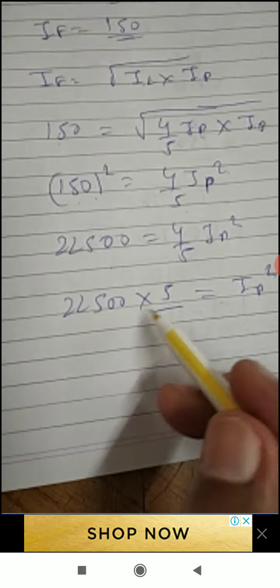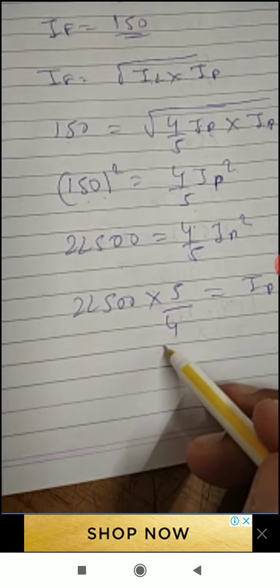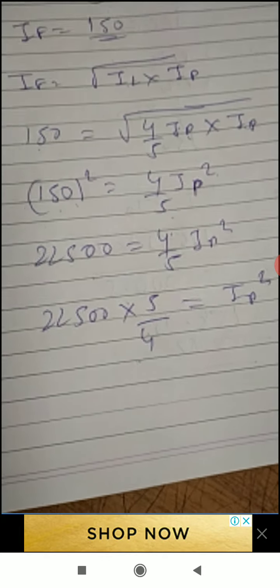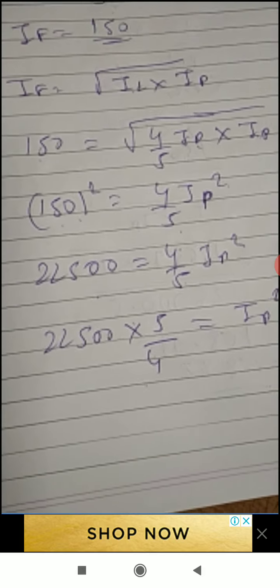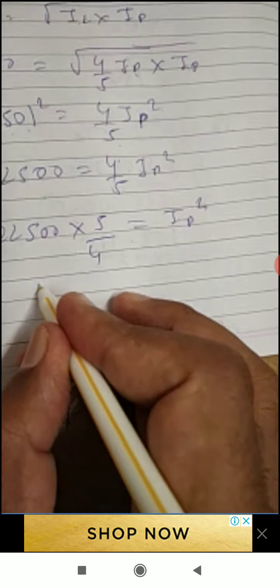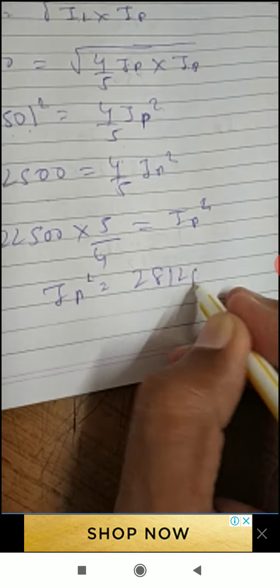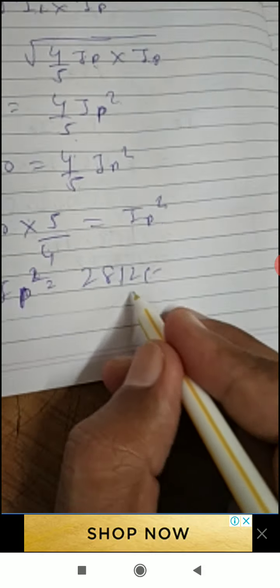The value goes upside and this value goes downside. So 22500 multiplied by 5 divided by 4, IP square equals 28125. This is the value of the square, 28,125.